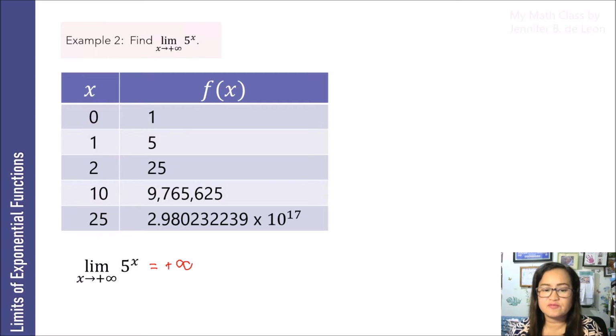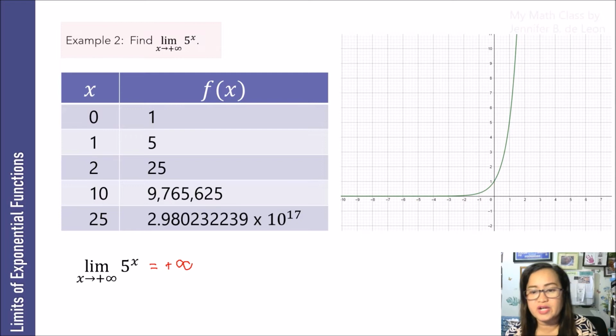Now let's confirm using the graph of 5 raised to x. We trace as x increases, so that means from left to right. As x increases without bound, take a look at what happens to the value of f of x.